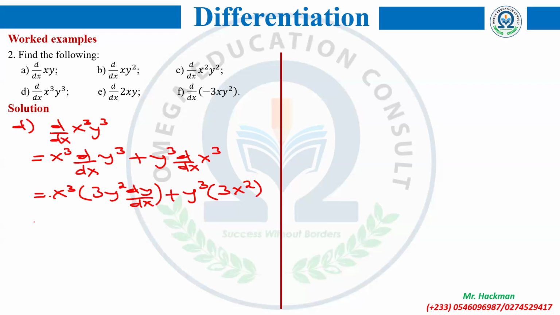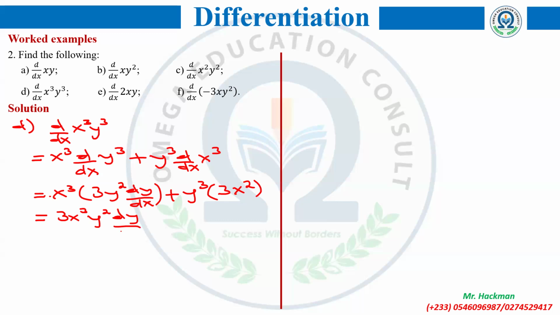So in this case, this will be equal to, we are going to multiply. Prof. Frank, help me do this expansion to convince me that you understood the initial explanation. It's 3x cubed y squared, very good, dy/dx.